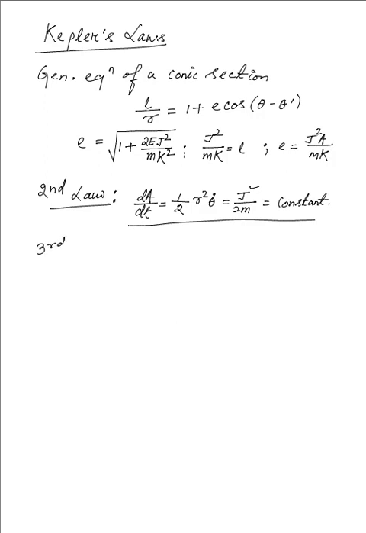Now we move over to the third law, which is the relation between the semi-major axis and the time period of the planetary motion about the sun. Suppose we have the sun somewhere here, which lies at one of the foci, and then we have a horizontal line through it, and this point is dividing the horizontal line into two parts.